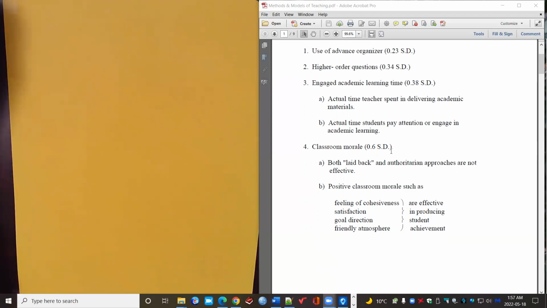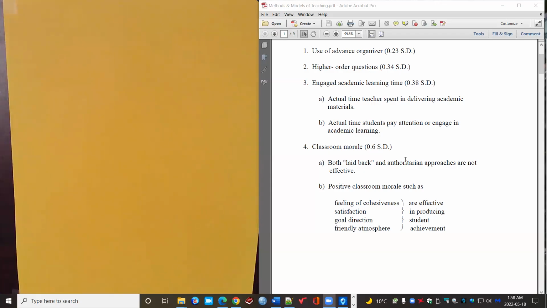Authoritarian approach means strict discipline and tight control. Laid back means you don't care, you just want to let it go, that type of thing. They're not effective.